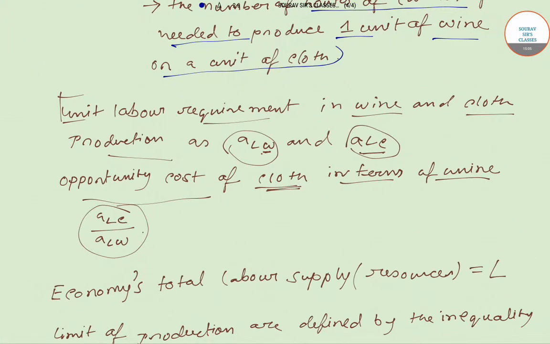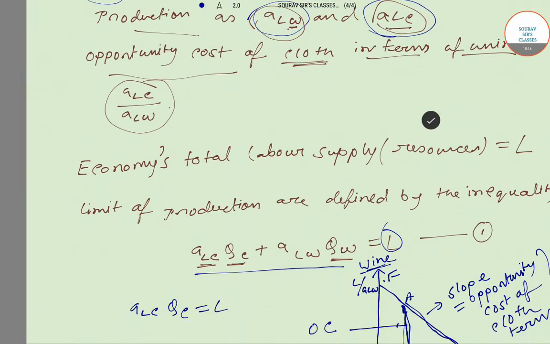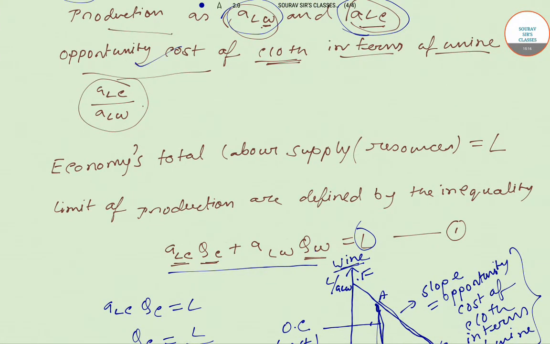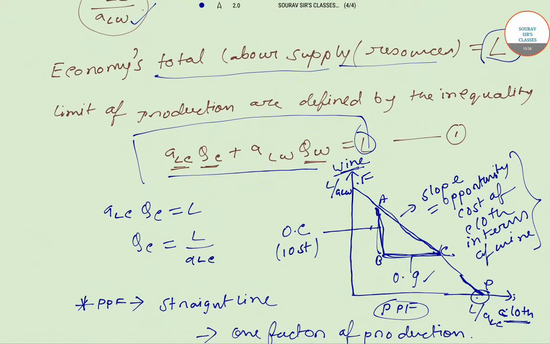We know the labor requirement for 1 unit of wine production is ALW, and for cloth it is ALC. So we also know the opportunity cost of cloth is ALC by ALW. From there we can write down the economy's total labor supply or total resources, which is capital L. From there we can draw this diagram.